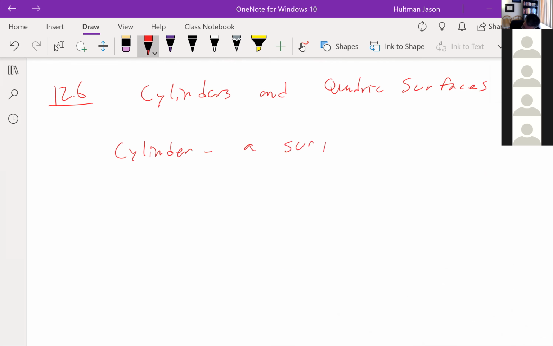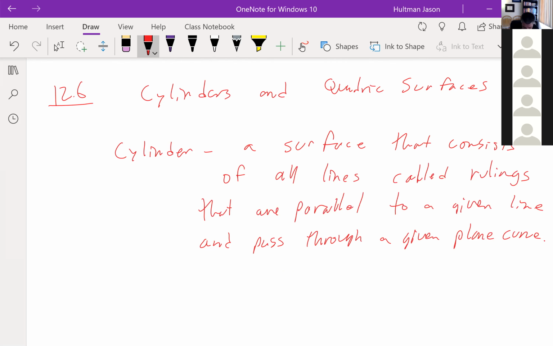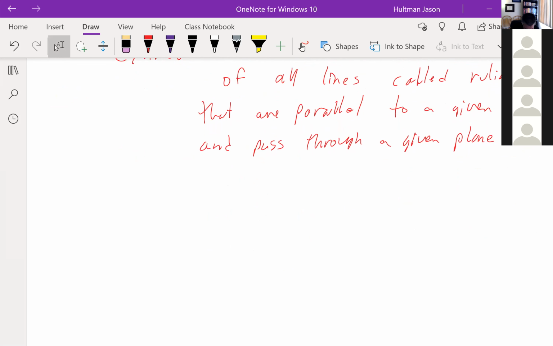A cylinder in 3 space is a surface that consists of all lines, called rulings, that are parallel to a given line and pass through a given plane curve.